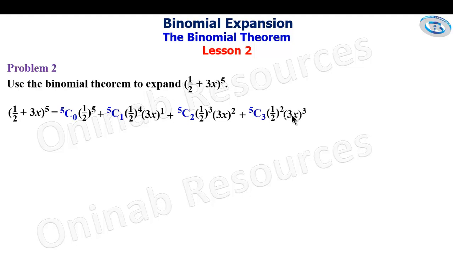This is going to give us 3x raised to power 3, then plus 5 combination 4 half raised to power 1. We now have 3x raised to power 4 plus 5 combination 5. The half is gone here. We now go for 3x raised to power 5. Then we evaluate the coefficient.